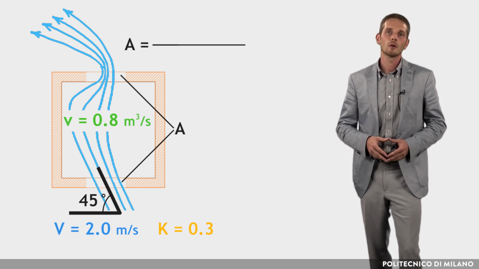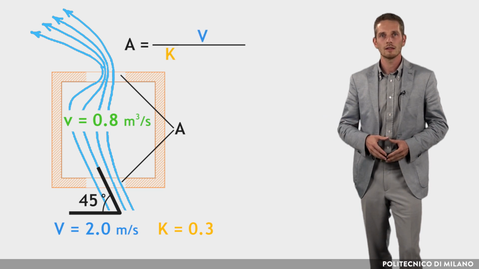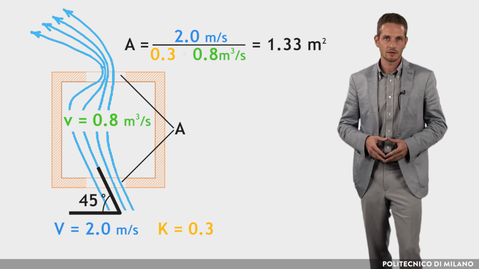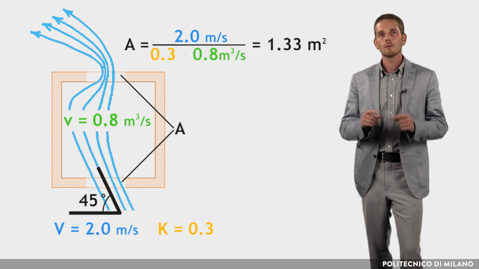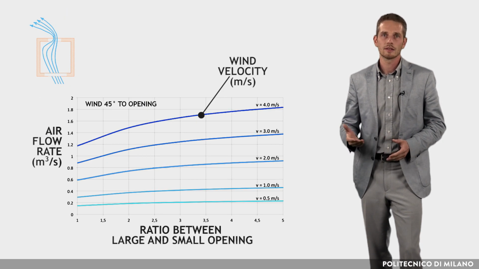Then the needed opening area is given by the airflow rate over K times V, which results in this case in 1.33 square meters. If opening areas are different, some graphs available in the scientific literature may be useful.